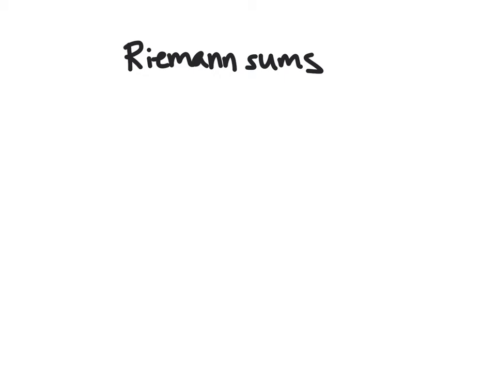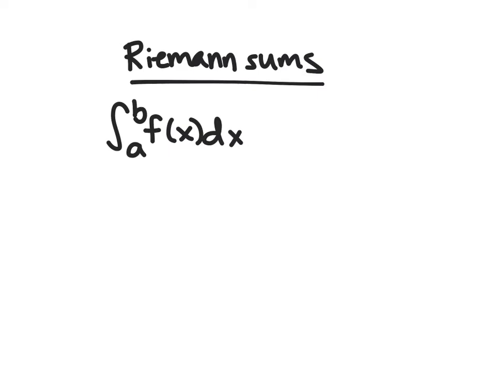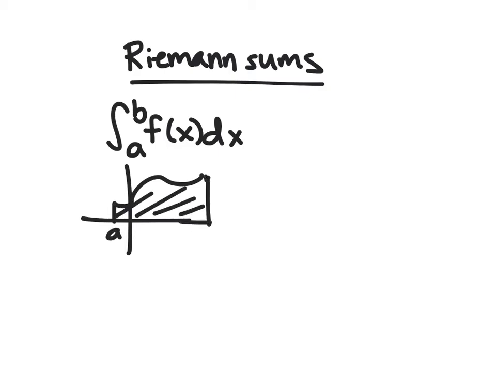Well, the relevant sums here are what you learned for your last project, which are Riemann sums. Right, so the idea behind Riemann sums is maybe we care about this definite integral, and maybe it's a weird shape, right? We have something that looks like this from A to B, and so we're talking about this area in here, and this is our f, and we're like, that's kind of hard.